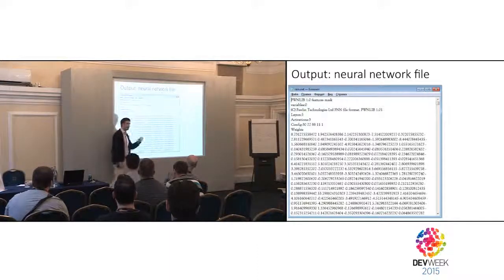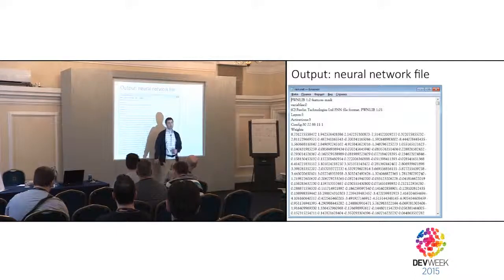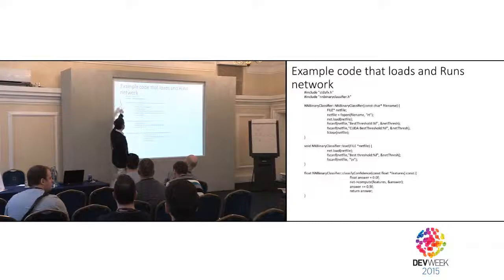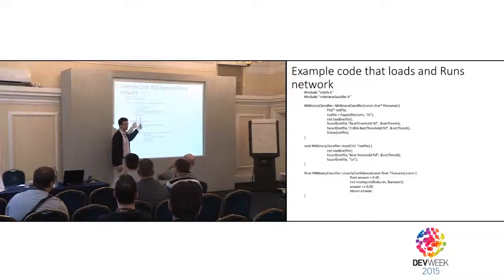As we were discussing during the lecture, you now know what it means. So these numbers represent this classifier state. This can be weights of neurons or other parameters of the classifier which was used in this particular machine learning approach. And what you do is usually you create some kind of class, you open the file, you load the state of the classifier into some object, and after that you are capable of applying the compute method to some kind of array which represents object features. So usually it's quite simple.